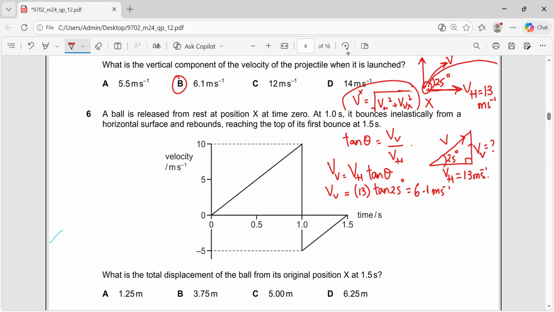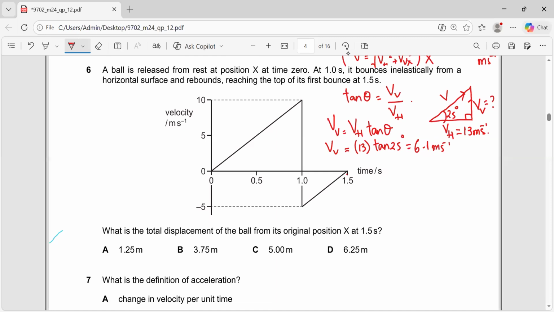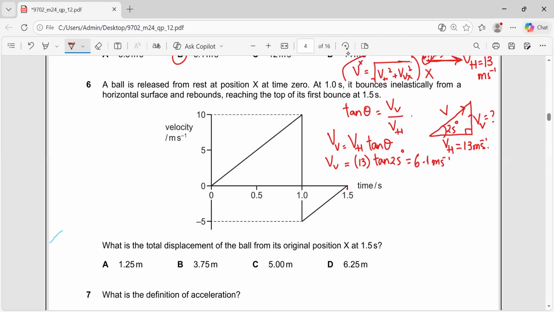At 1 second, it bounces inelastically from a horizontal surface and rebounds, reaching the top of its first bounce at 1.5 सेकेंड. तो कह रहे कि एक बॉल है, उसको रिलीज किया गया, और जैसे रिलीज किया गया उसकी velocity increase हुई. जैसे उसने bounce किया, और उसने वापस rebound किया तो it begins to move up, but it is rebounding inelastically, so it will not be having the similar height as before. Question says what is the total displacement of the ball from its original position x at 1.5.